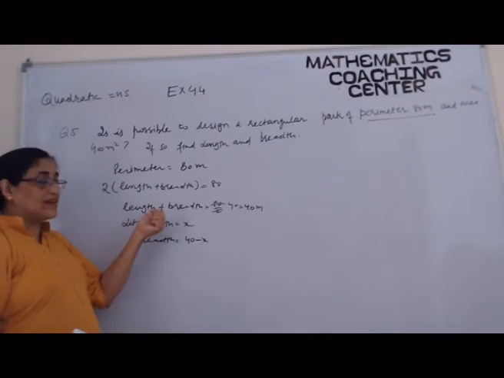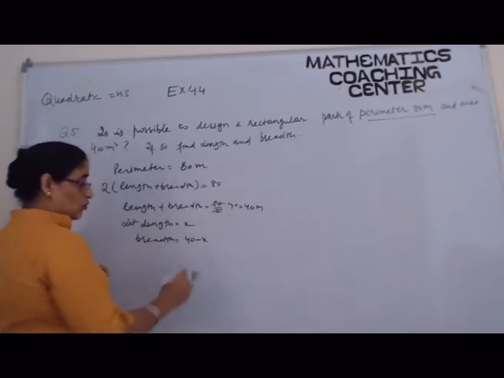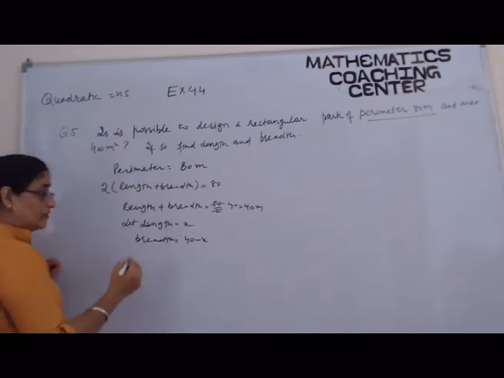Now suppose that length is x, then breadth is equal to 40 minus length, so 40 minus x. You are given its area is 400 meter square.